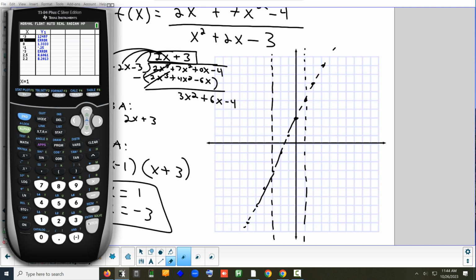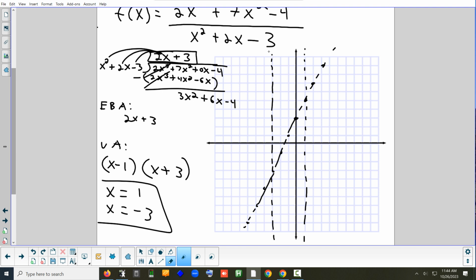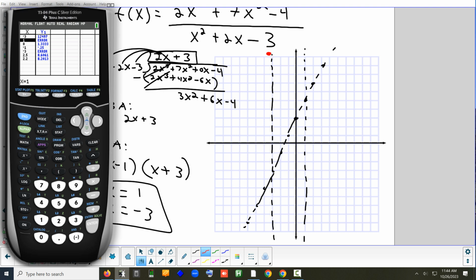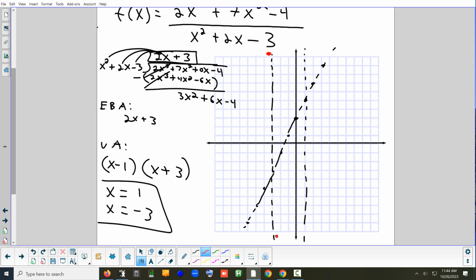Perfect. So when you're to the left, you're going to be way up high. What about a value that's just a little bit bigger than -3? -2.999. You're at -1200, so way down.